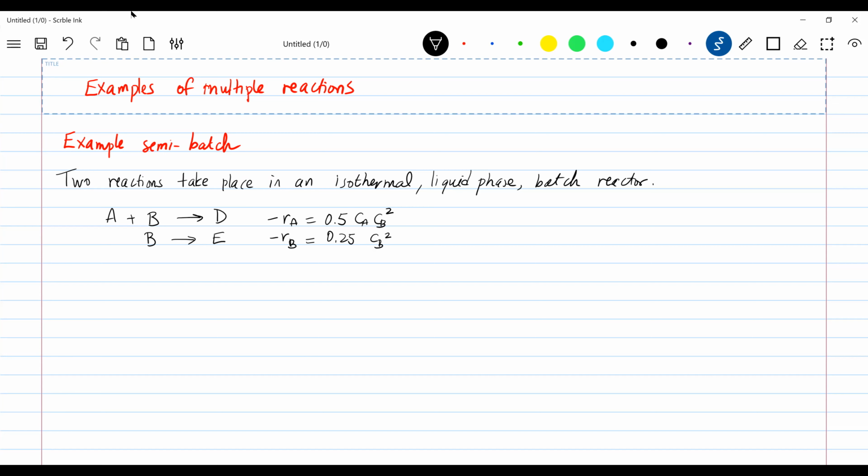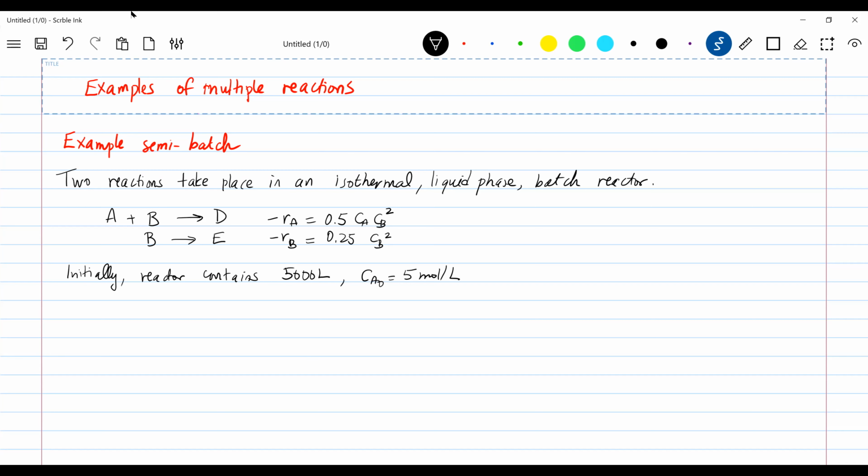Okay, so this is a semi-batch, and what is happening is it says that initially the reactor contains 5,000 liters and CA0 is 5 mole per liter, and CB0, oh, actually no, let's say CA0 is 1.